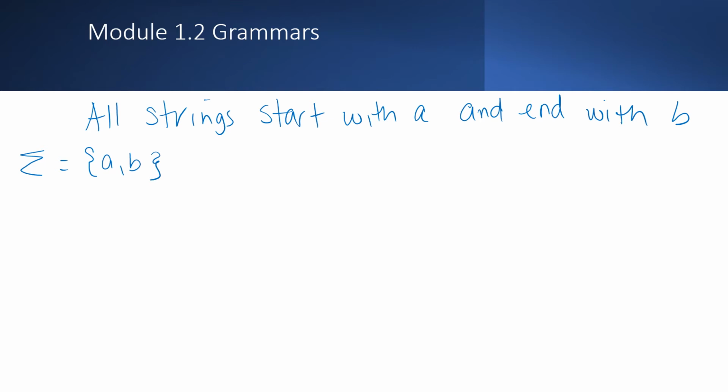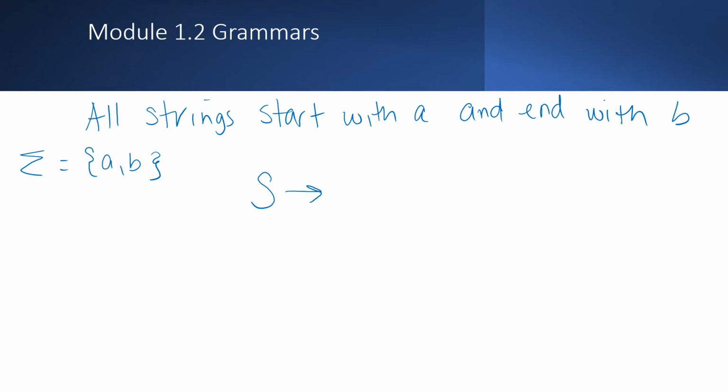So let's develop a grammar in which all strings start with a and end with b. That means that it will not include the empty string. So our start symbol will not go to null, but our productions will be as follows.